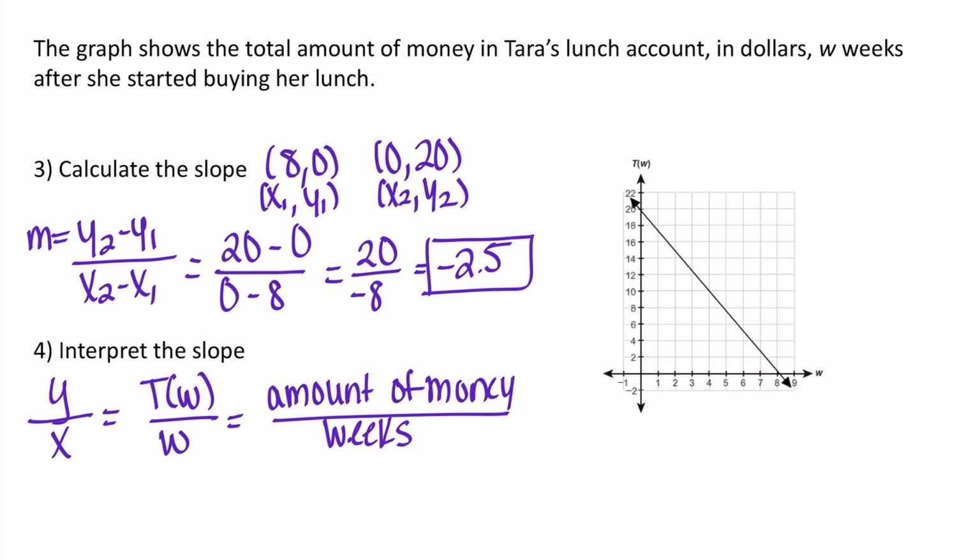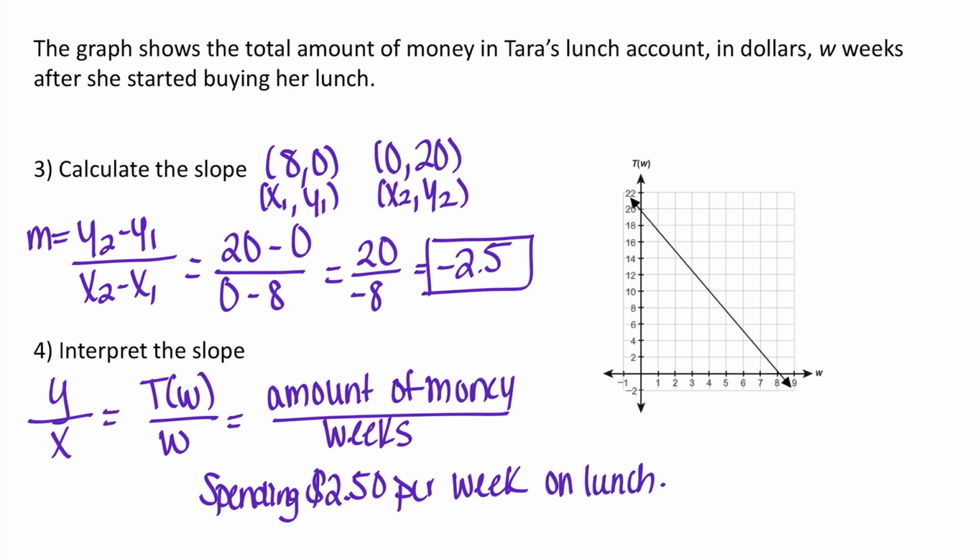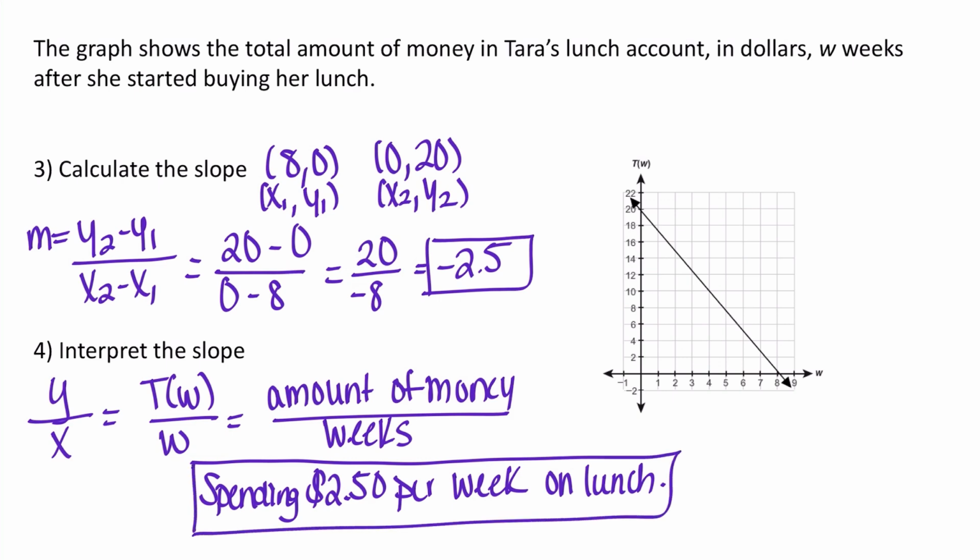So she's losing $2.50 per week. Or maybe a better way to say it would be that she's spending $2.50 per week on lunch. Okay, and that is the meaning of the slope of this graph.